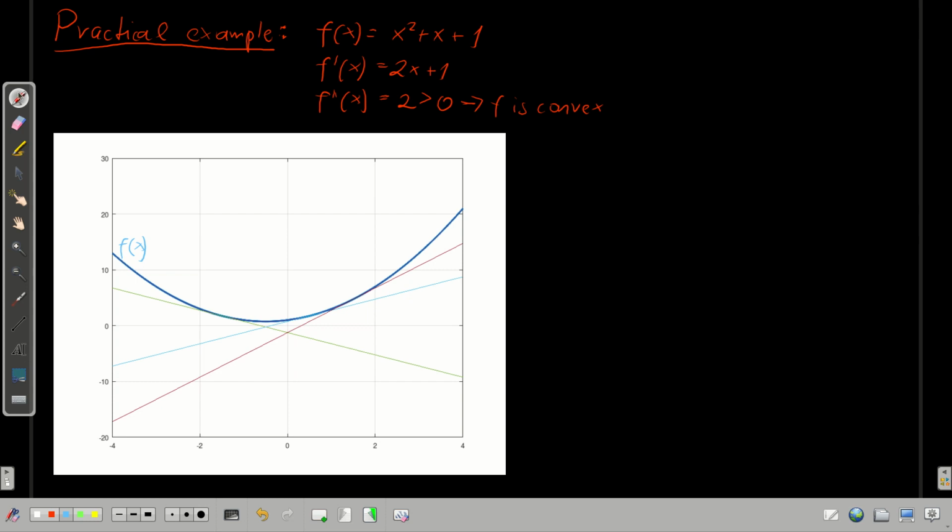And as discussed in the previous part of the video, the Legendre transformation can be graphically illustrated with tangent lines.